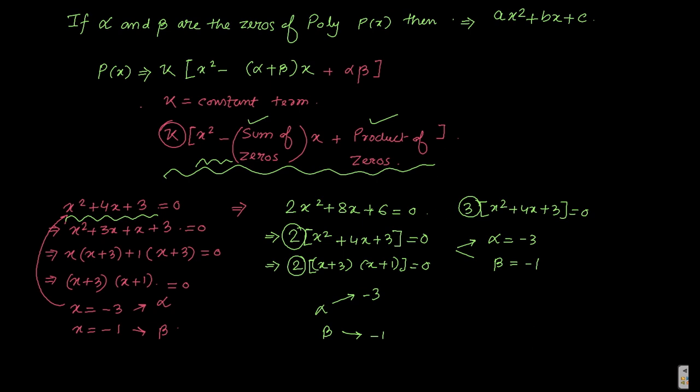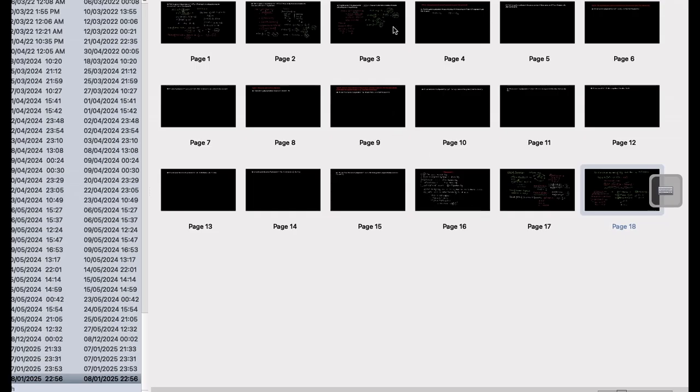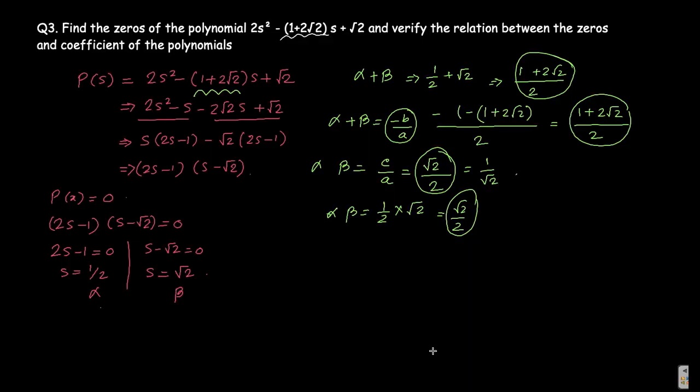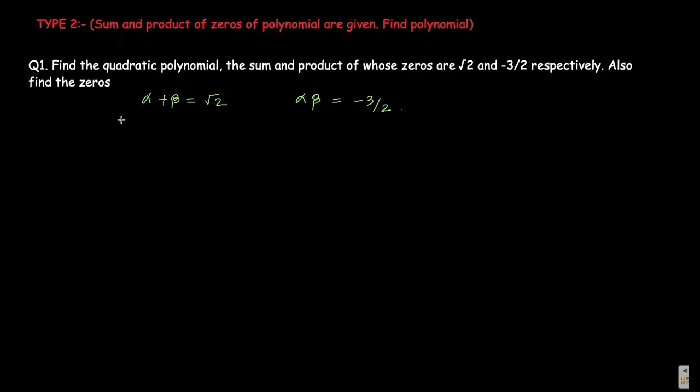Here the sum of the zeros is alpha plus beta and this is the product of the zeros. So the formula is p(x) becomes k into x square minus alpha plus beta into x plus alpha beta.